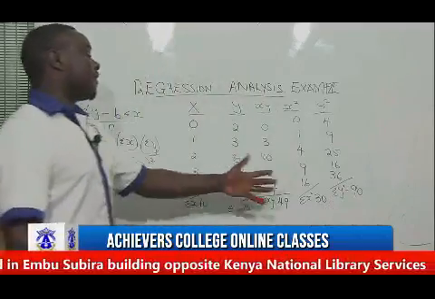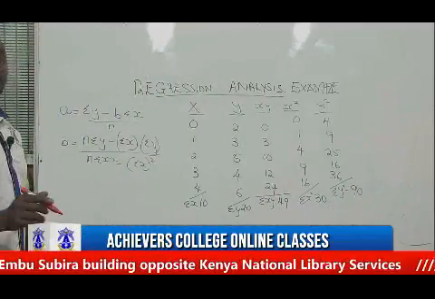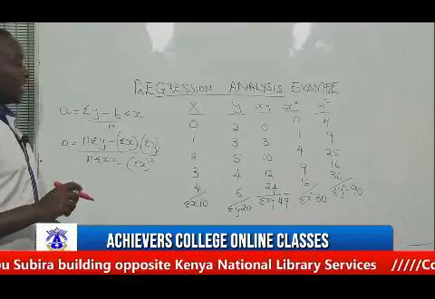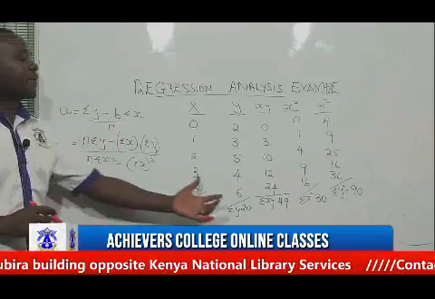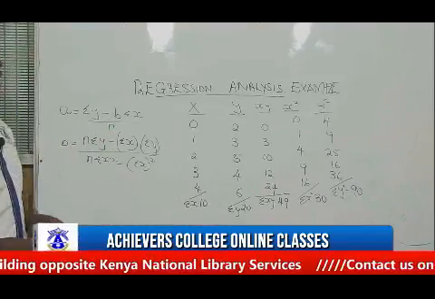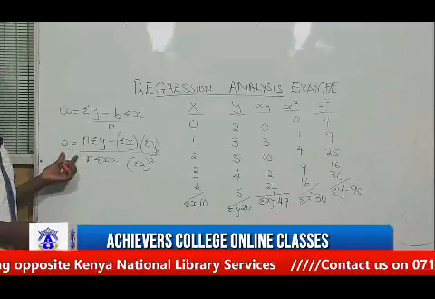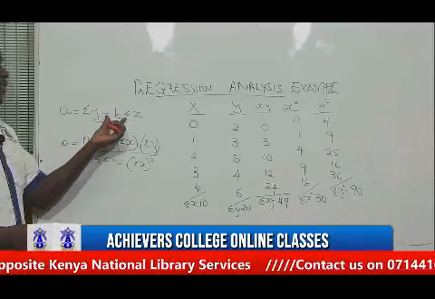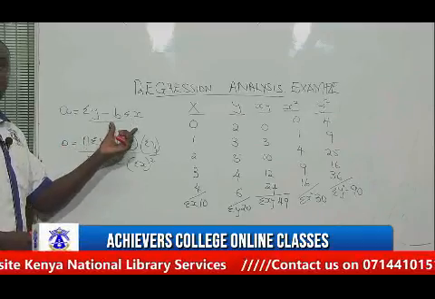With that done, you only need to come to your formula and substitute these values. We start with obtaining the value of b, because b is used to calculate the value of a.